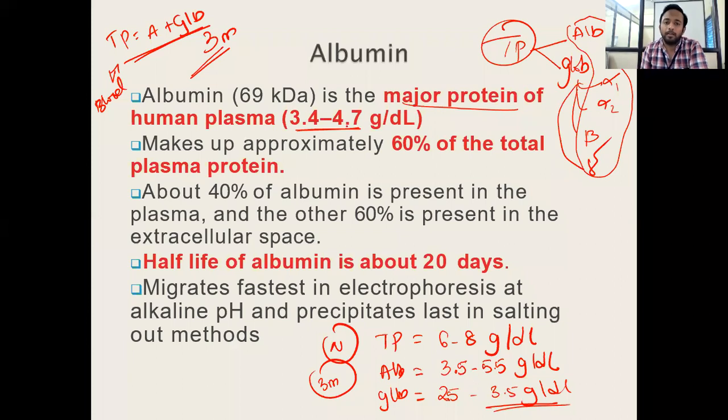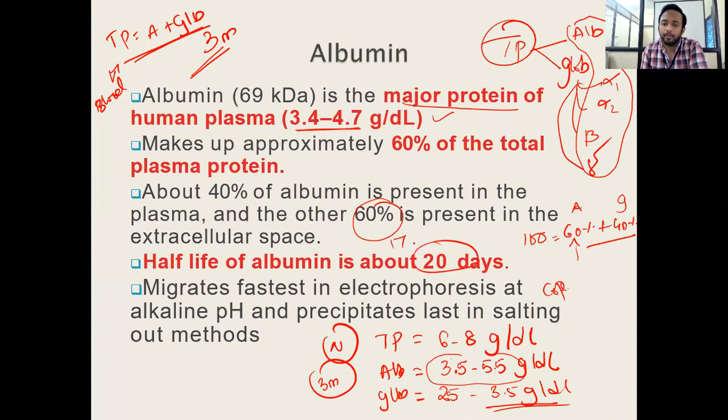So albumin is the major portion. If total protein is 100%, 60% is albumin plus 40% will be your globulins. 60% of the blood protein is made up of albumin because albumin has a more important function, that is the colloidal osmotic pressure. What is the half life?